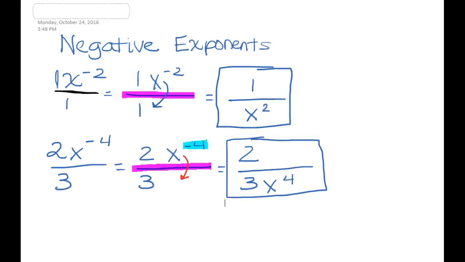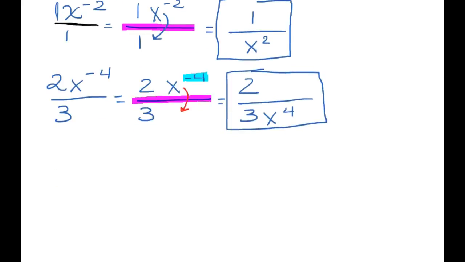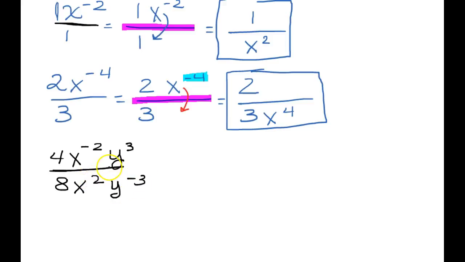Let's get into a couple more in-depth examples. Let's say we have 4 over 8, x to the negative second, y to the third, and here we'll have x squared over y to the negative third.